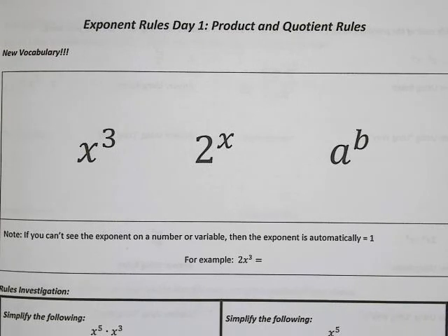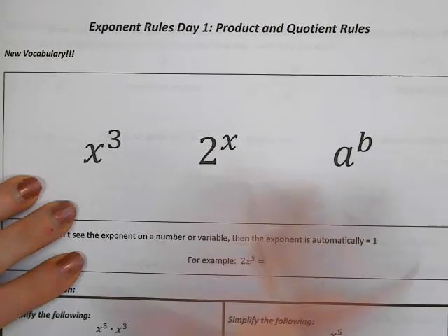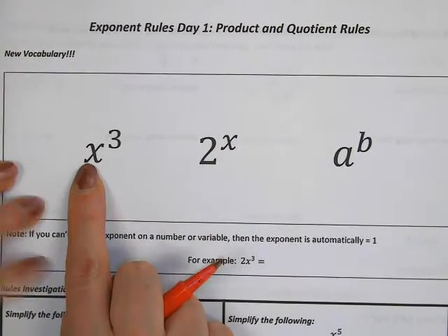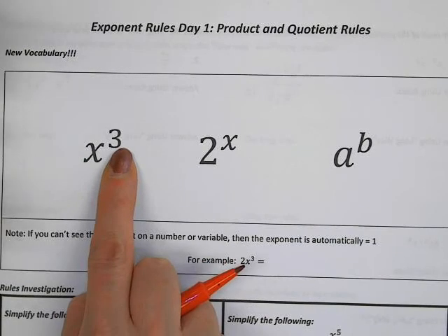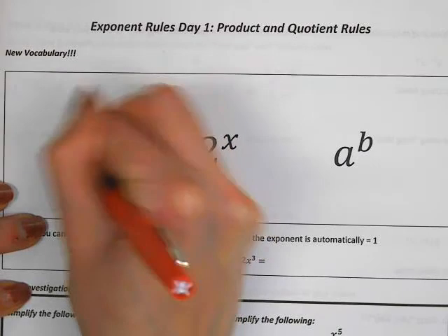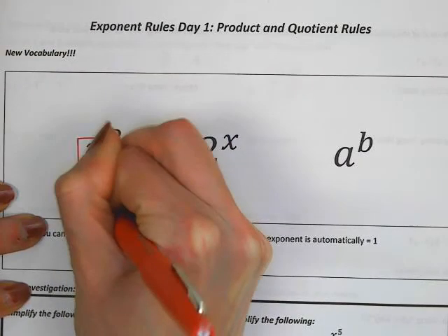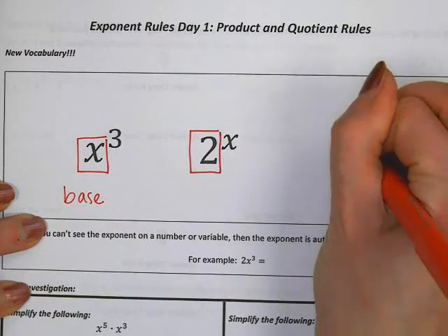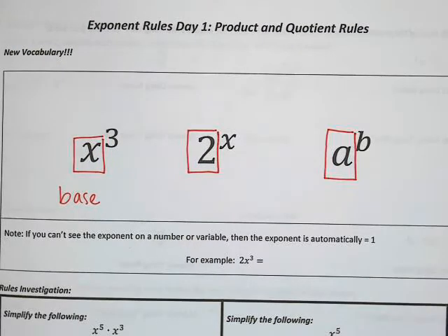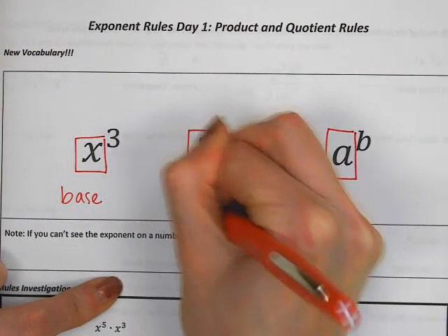Okay, so some new vocab. When we talk about exponents, there's always a larger sized number or variable and then a mini one. It's a little bit smaller up top. This one at the bottom is called the base. So in all of these expressions here, these are the bases.